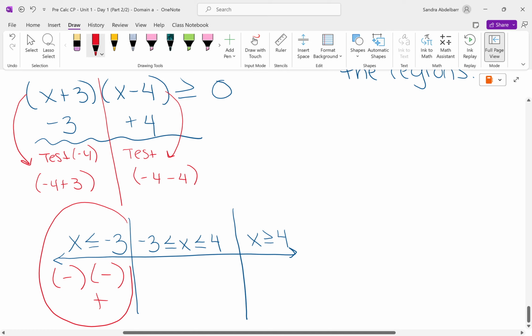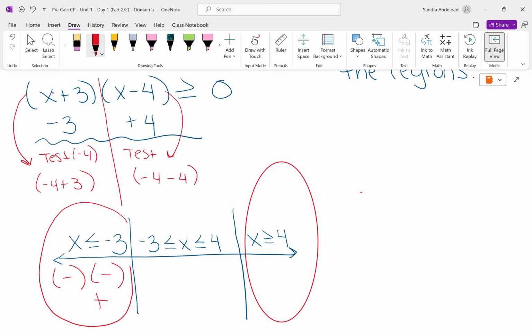If this one works, don't we want it to be positive since it's greater than? If it were less than, it would have to be negative when we multiplied. But we want it to be positive. So if the first one works, which other one is going to work? The last one. Will the middle one work?